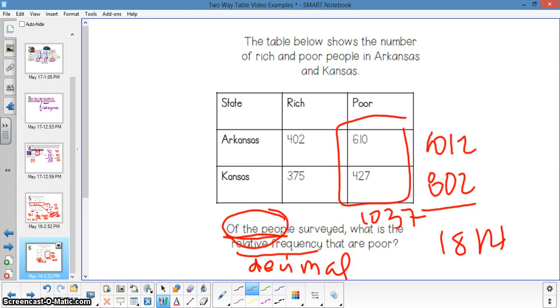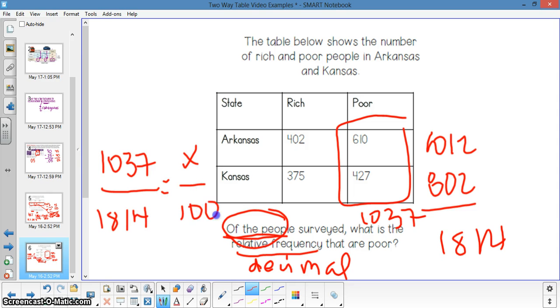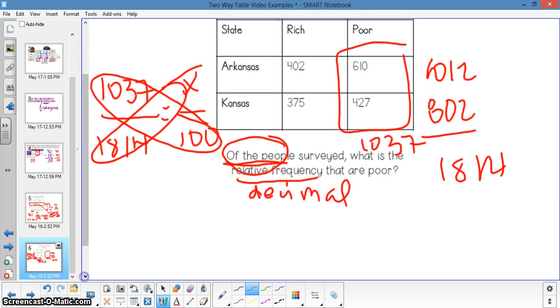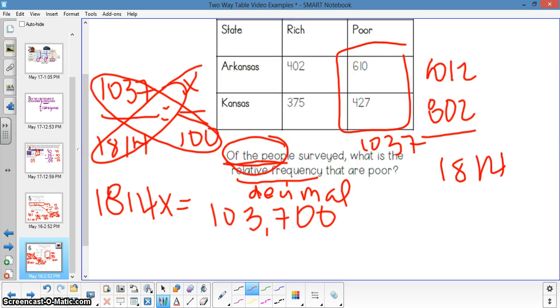So here's my proportion. Part over whole equals percent over 100. Again, butterfly method for solving a proportion by cross multiplying. 1,037 times 100, and that's 103,700.